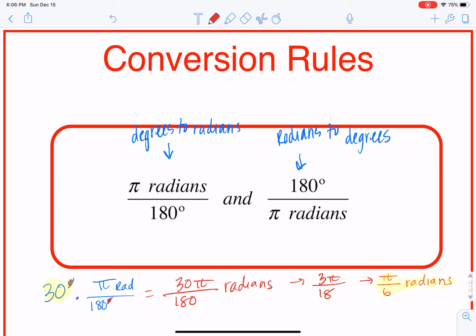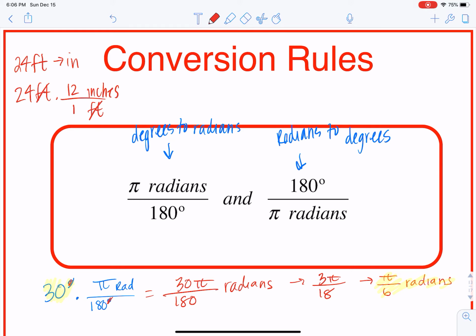So thinking about if we're converting from inches to feet or feet to inches, we would use something similar here. If I had 24 feet and I wanted to convert to inches, I could start with 24 feet, multiply by my conversion factor that there are 12 inches in 1 foot.